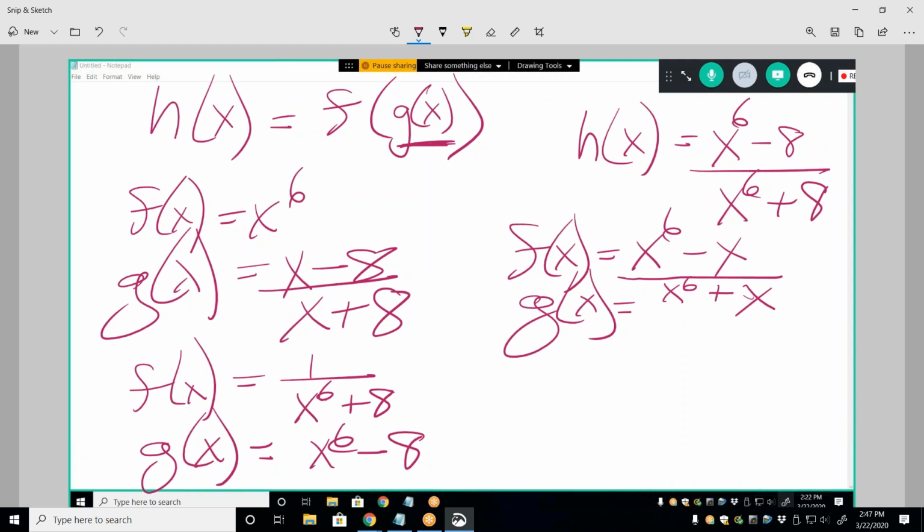And g of x is just 8. Okay, so if g of x is 8, then f of g is f of 8, which would be 8 to the 6th minus 8 over 8 to the 6th plus 8.